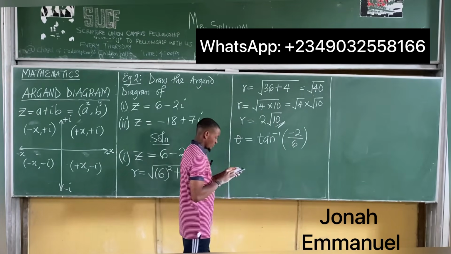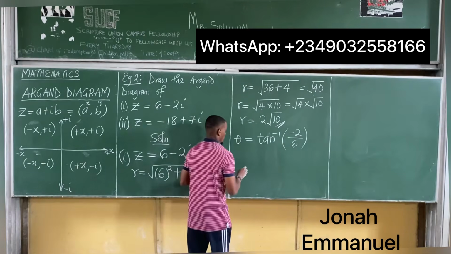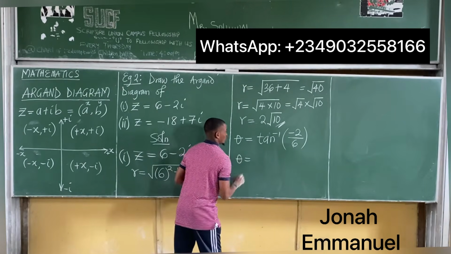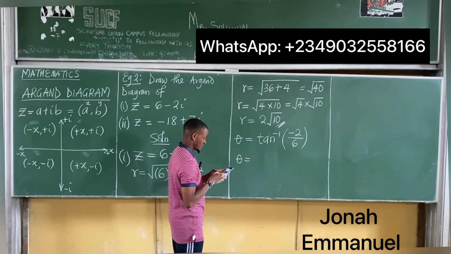All right, so let me get my calculator. So I have theta is equal to tan inverse, I'm punching this directly, tan inverse of minus 2 all over 6.